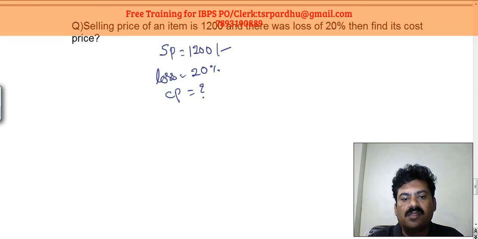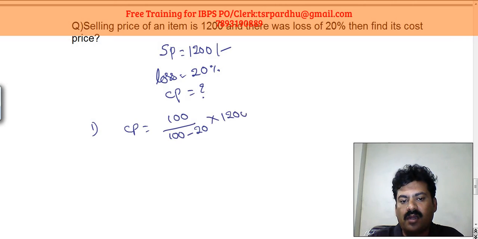The cost price is how much? I am using a formula. Cost price is equal to 100 by, there is a loss of 20%, that is 100 minus 20 into selling price is 1200. Now 100 by 80 into 1200.